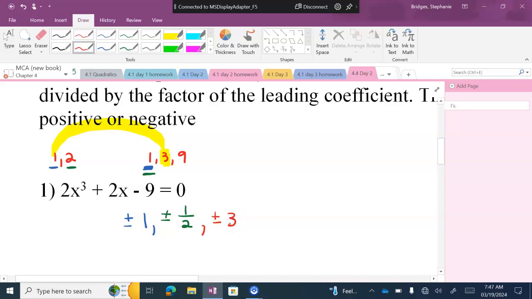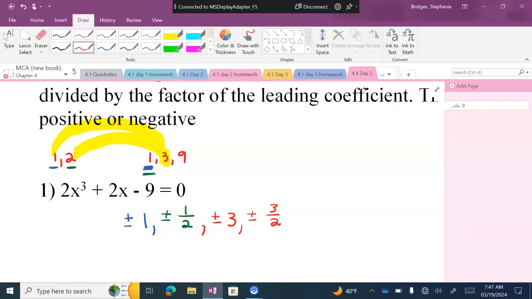So I put plus or minus in front of it. And then I do the same thing with the 3 and the 2. So it's going to be plus or minus 3 divided by 2, which is not an even number, right? So we just leave it as a fraction. Reduce if possible. Can 3 over 2 reduce? No.